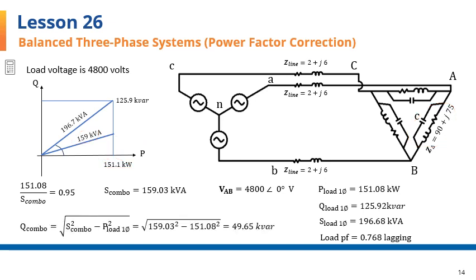Here's that equation. Q for the combination equals S squared minus P squared, and we have both of those here and here. S squared minus P squared, square root of the difference, gives us 49.65 kilowatts for this section here.